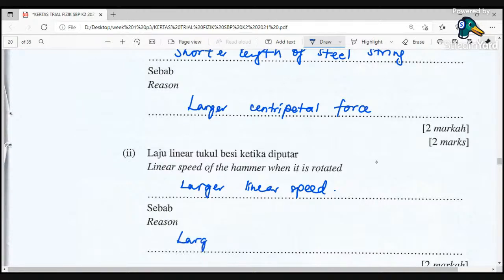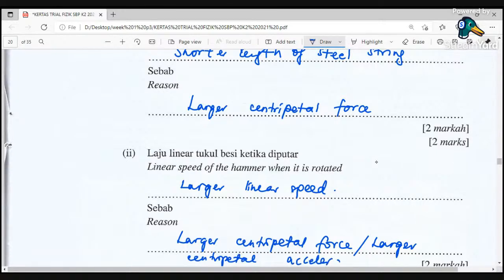Larger centripetal force or larger centripetal acceleration. So it will move faster and further. Okay, move faster and further.